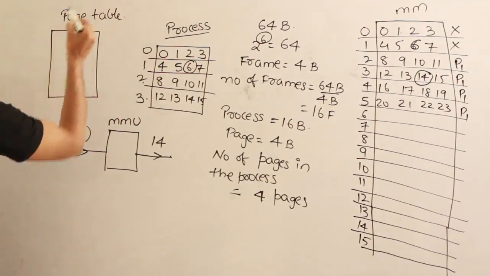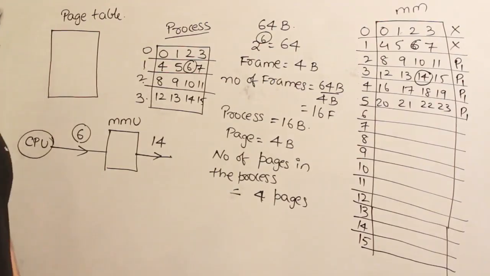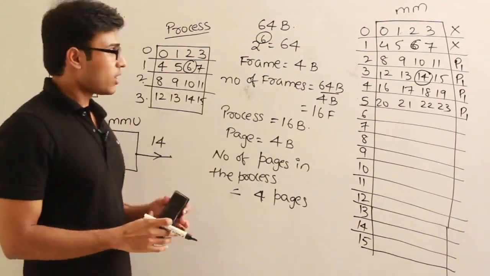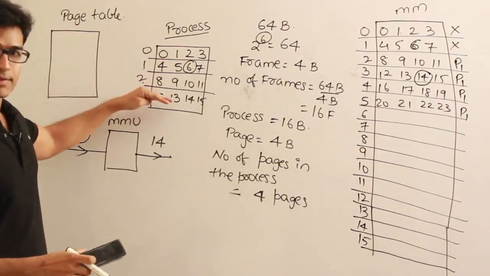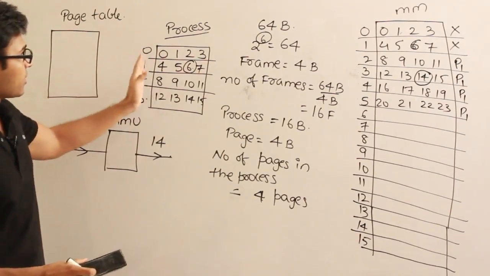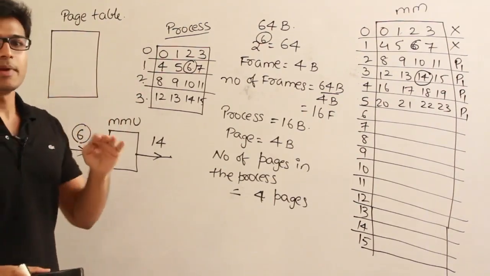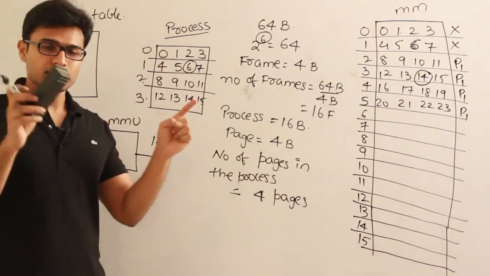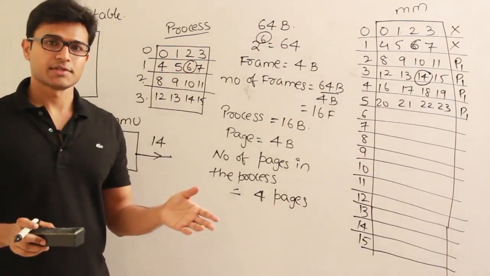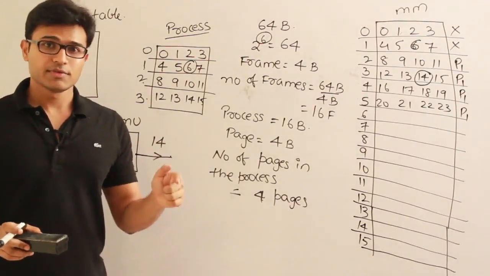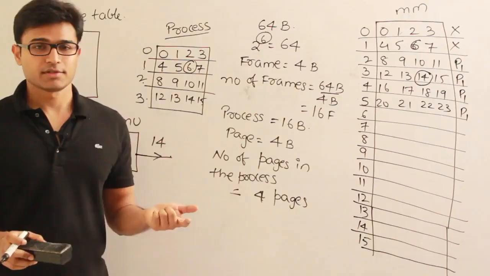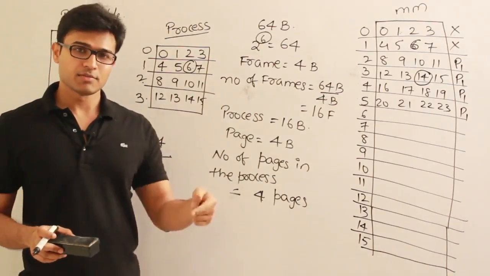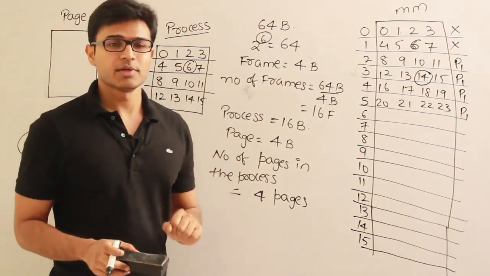One important thing to remember is that every process will have a page table, because every process has pages and page numbers. You cannot have one single page table for all the processes. The reason is every process will have page number 0, so how can you put many entries in page 0?